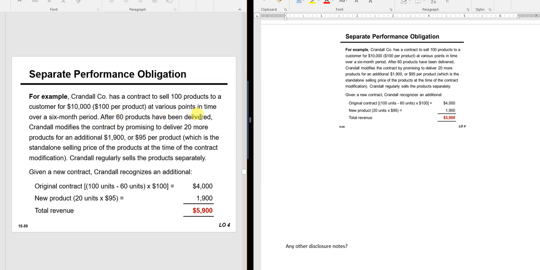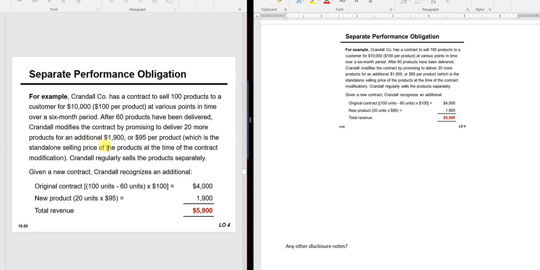After 60 products have been delivered, so I owe 40 more, they modify the contract promising to deliver 20 more products for an additional $1,900, or $95 selling price, which is the standalone selling price of the contract.